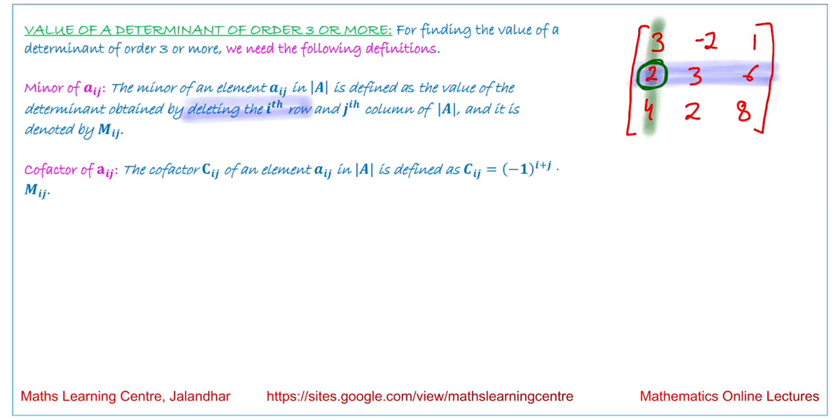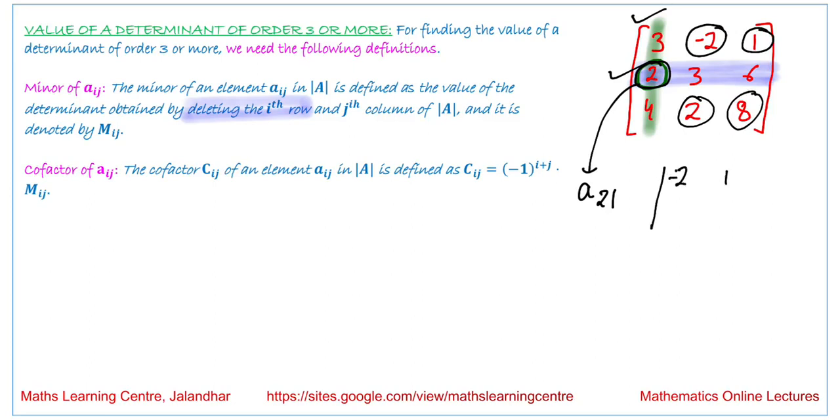The element is A21, so we have removed the second row and first column. Now we are left with the elements minus 2, 1, 2 and 8, and the determinant of this remaining matrix is the minor corresponding to the element 2.